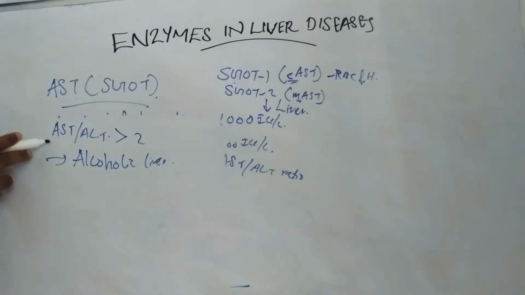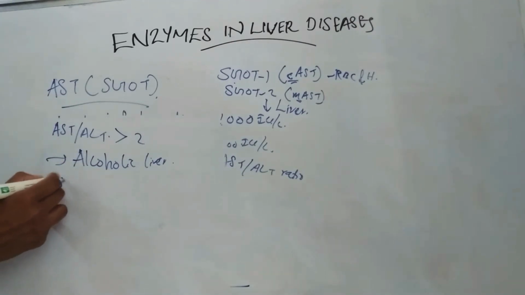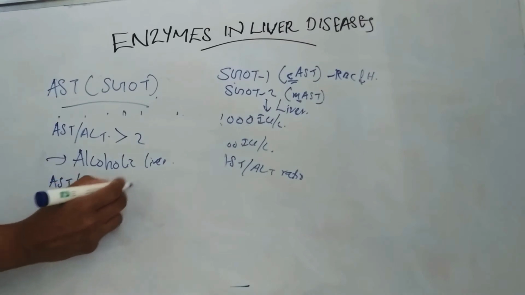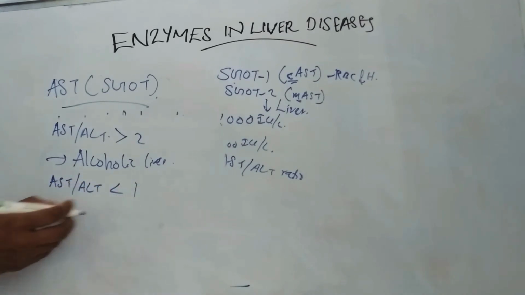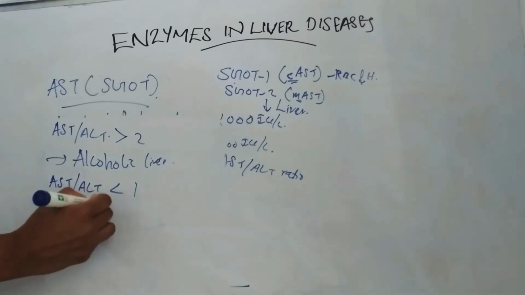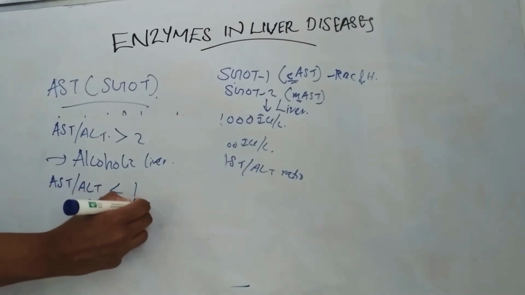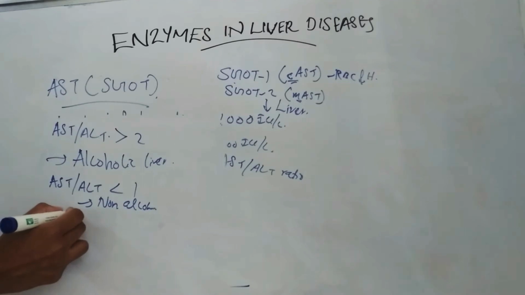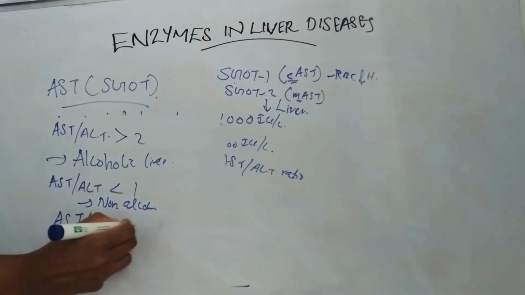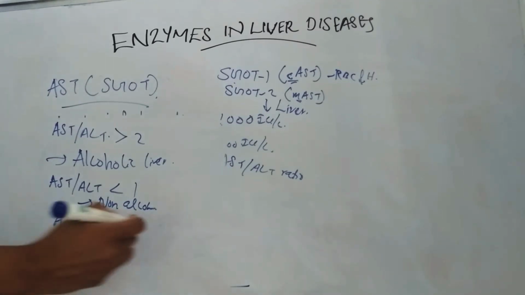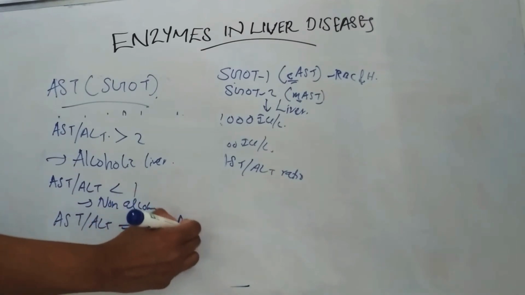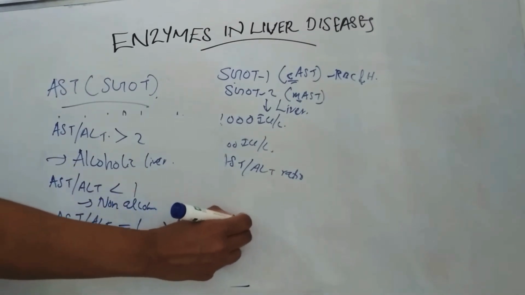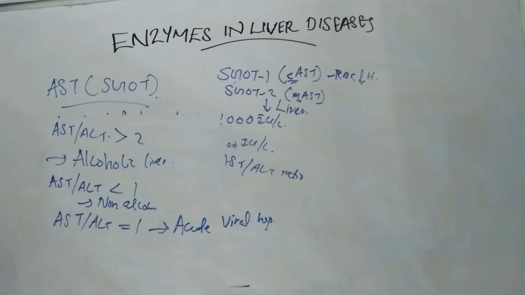Here, AST will be higher than ALT. If the AST-ALT ratio is less than 1, it indicates non-alcoholic fatty liver disease. Then if the ratio is equal to 1, it suggests acute viral hepatitis. That is the AST-ALT ratio.